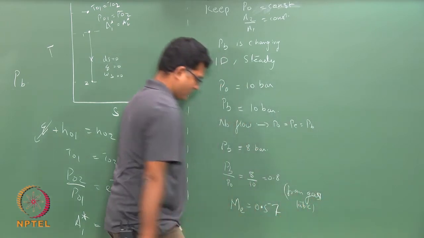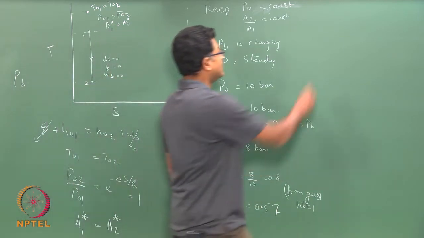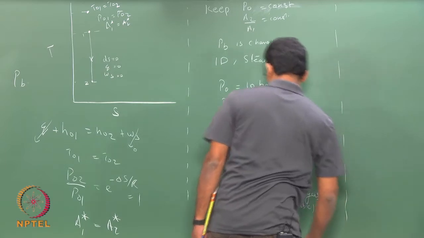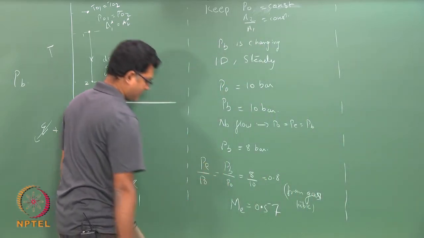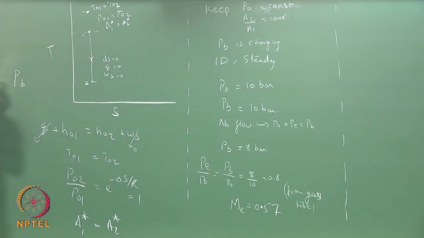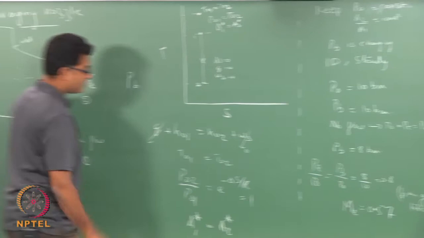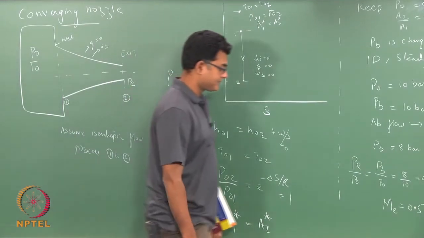Okay, for gamma equals 1.4. So, here my P exit is again equal to Pb because this is going to be a subsonic flow. So, the pressure at the exit is also going to be the ambient pressure. For subsonic flow, there is no change in pressure between exit and the ambient pressure.